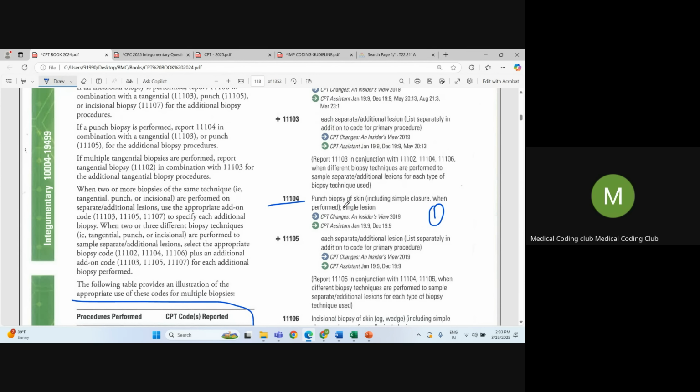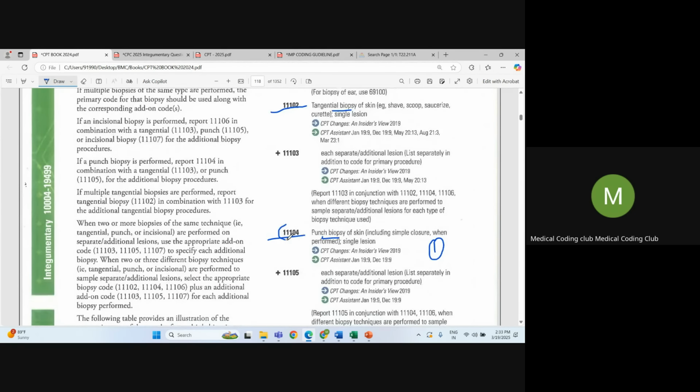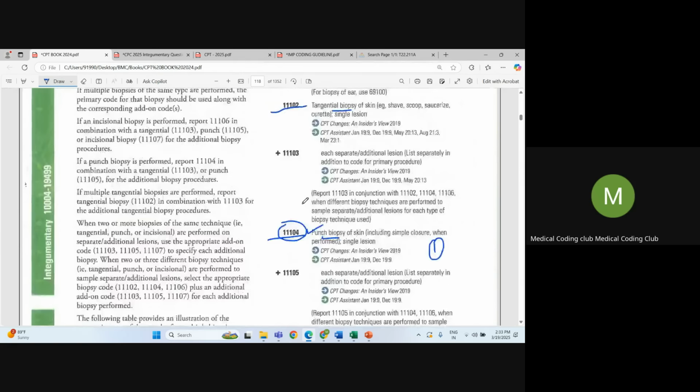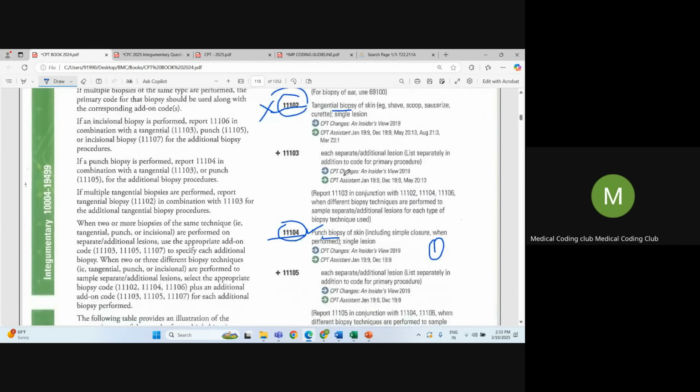We have to code only one primary code, and the primary code should be the more severe one. Punch biopsy is more severe than tangential biopsy. So for the punch biopsy, you will utilize 11104 as your primary code, and to report the tangential biopsy, you cannot utilize its primary code. Instead, you have to code the corresponding add-on code 11103 for each separate additional lesion.